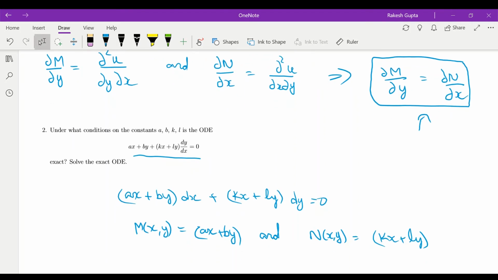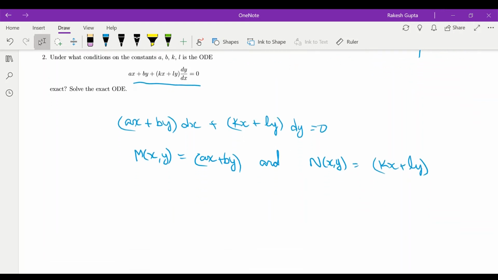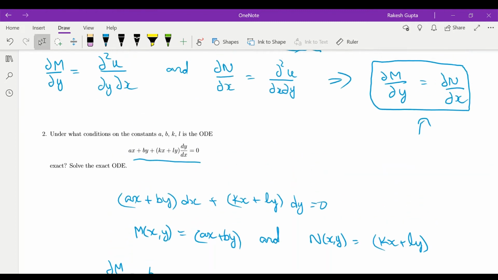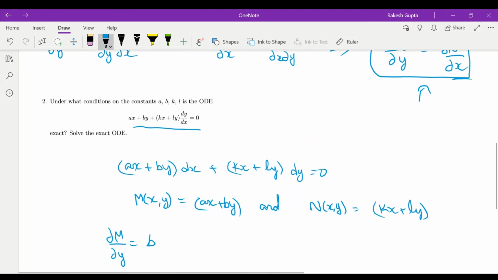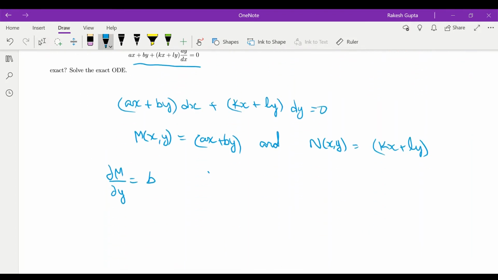So the partial differentiation of m with respect to y will give us, as ax does not have a y term in it, it will be considered as a constant, and the differentiation of by with respect to y is b. Similarly, we differentiate n with respect to x, so we get, similarly ly will be considered as a constant, and the differentiation of kx with respect to x is k.